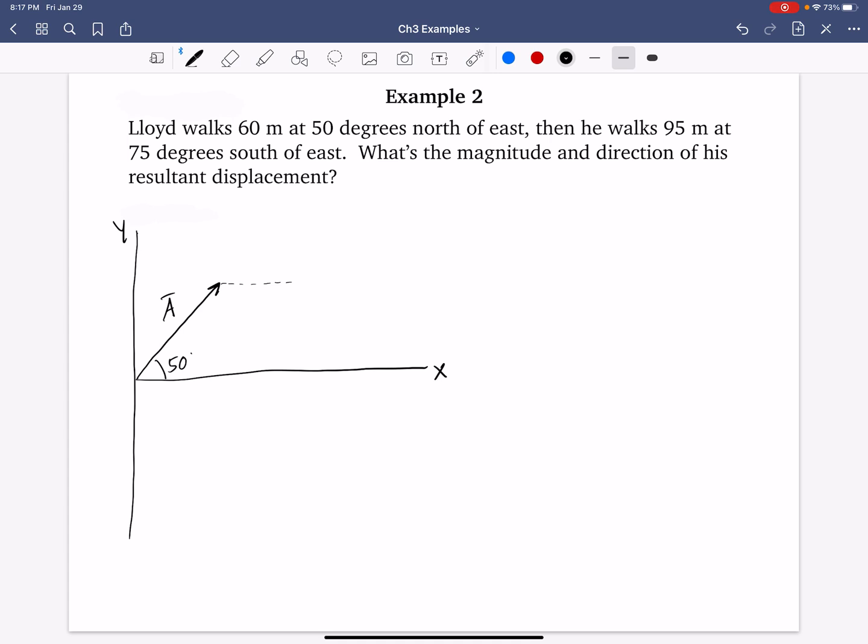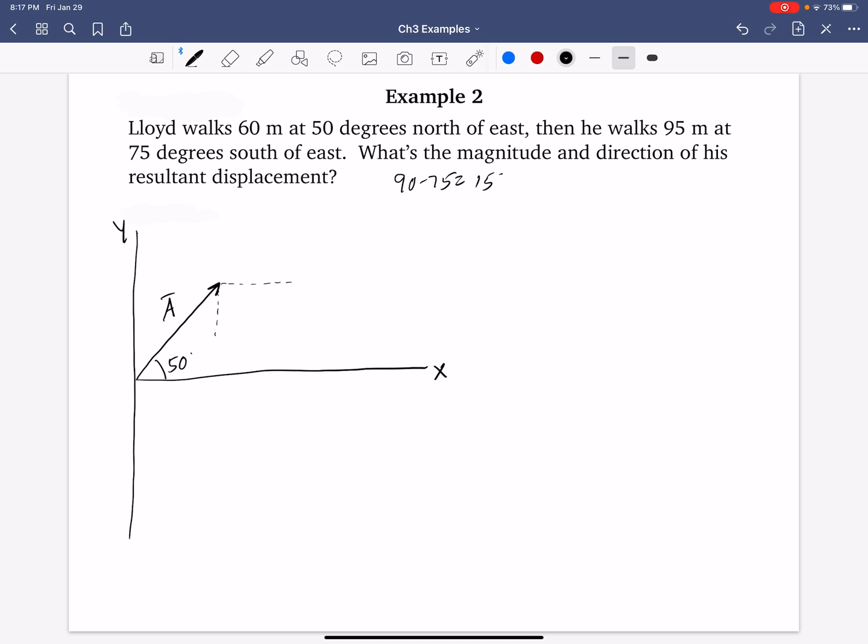I'm going to consider that to be 90 minus 75, which is 15, so 15 degrees away from due south, in other words. 75 degrees south of east is a big angle, so the complement is 15.